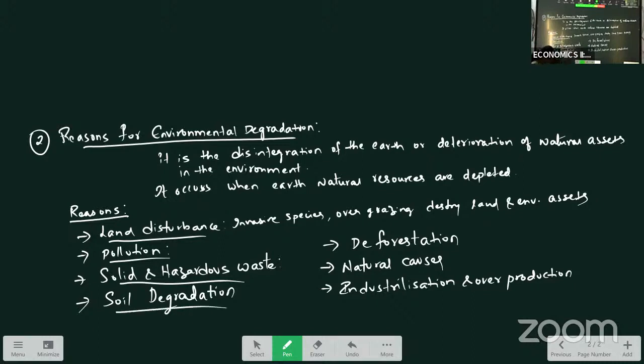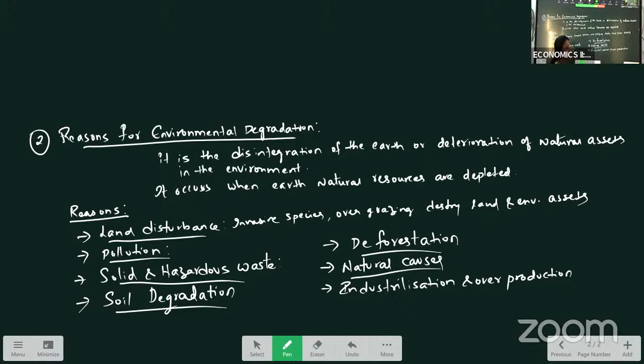Soil degradation: soil erosion through wind and water erosion is decreasing the fertility of the soil, which is affecting agricultural productivity. Deforestation: in order to construct our homes for living, we are cutting down the trees. When the trees are cut, obviously, carbon will be released back to us. So it causes damage to our human survival.